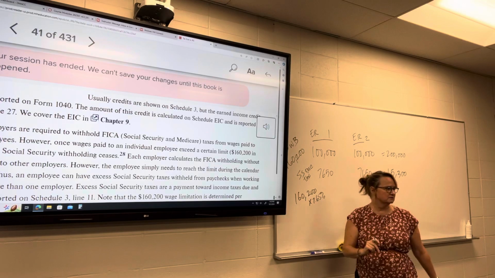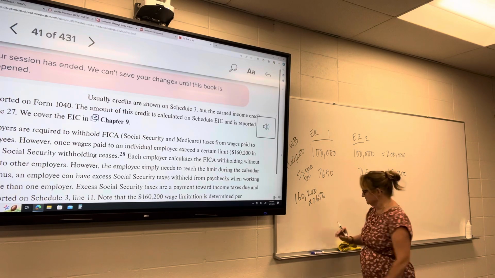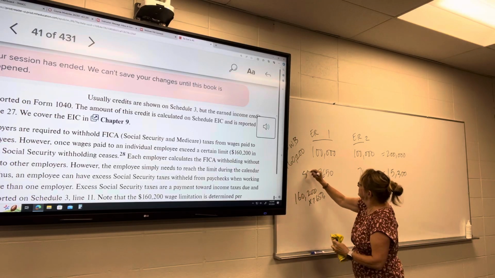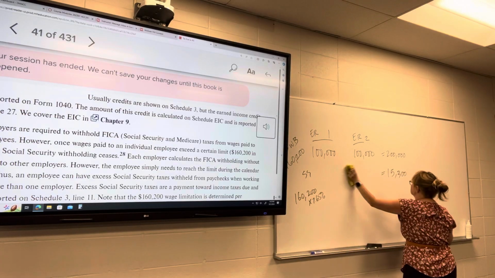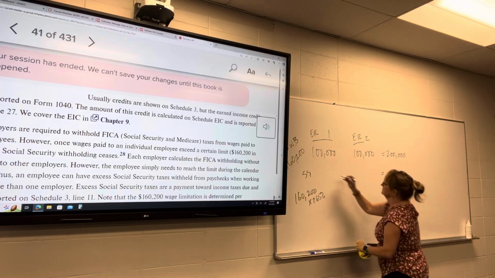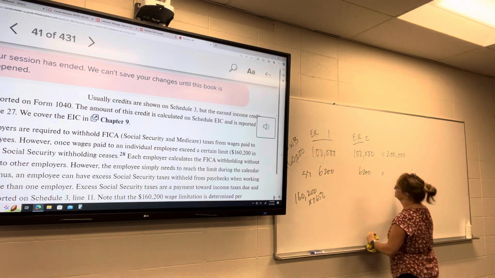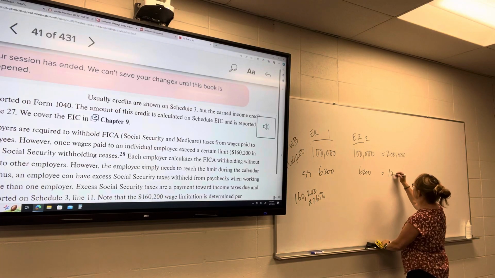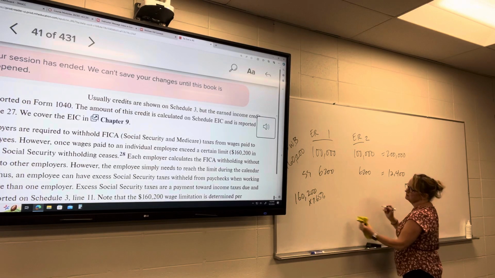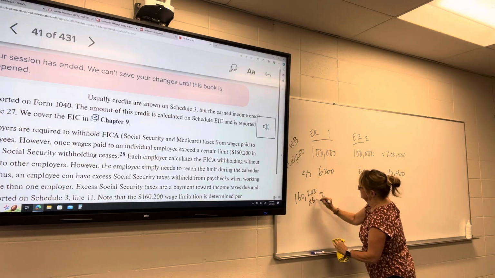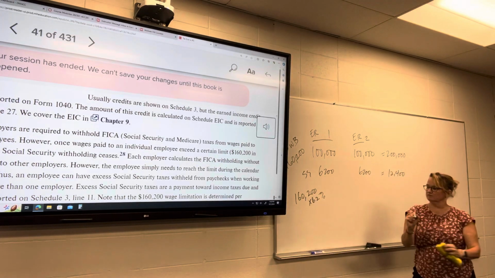How much is that? Oh, I did this wrong though. I based this on Medicare as well. Social Security tax, sorry, $6,200 plus $6,200. This is just the Social Security tax, so $12,400. So this should be 6.2%. So what's 6.2% of 160,200?